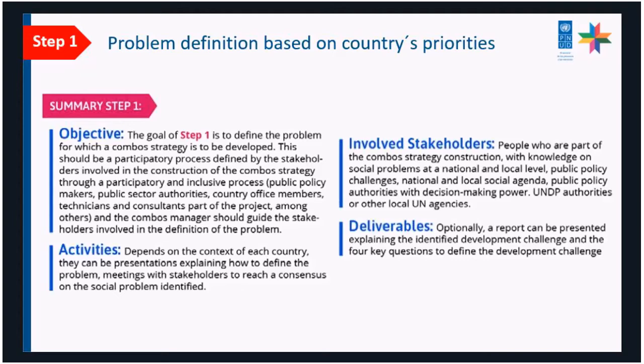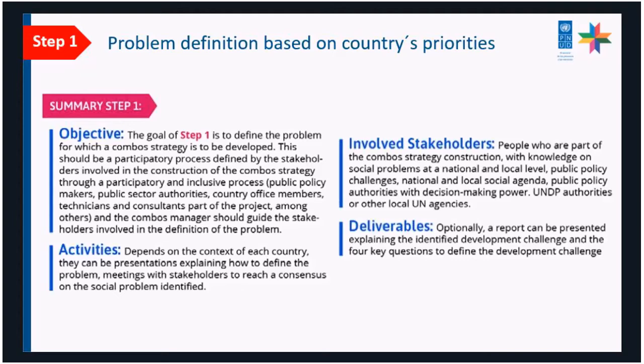Here we suggest some activities to do and some deliverables to create in order to conclude step 1, but the main message is that, as I said, and as George also said, the problem that the combo will focus on must emerge and must be part of each country context.